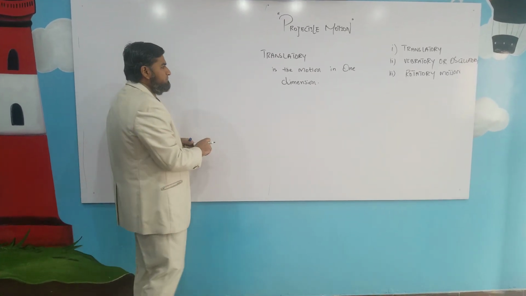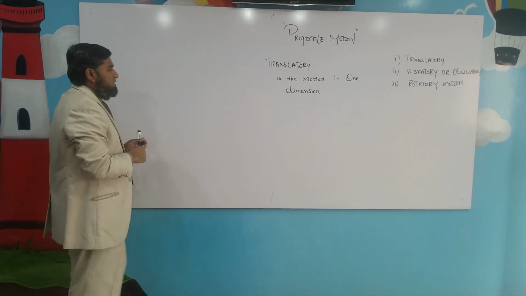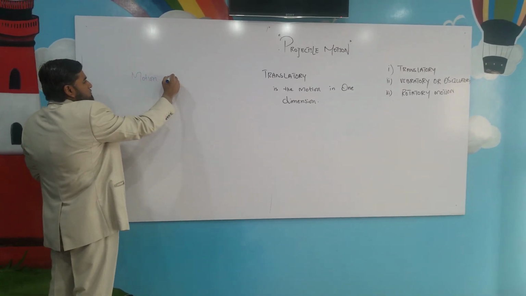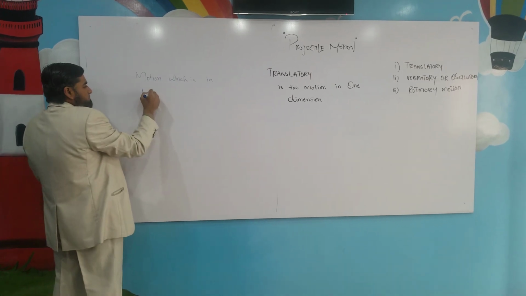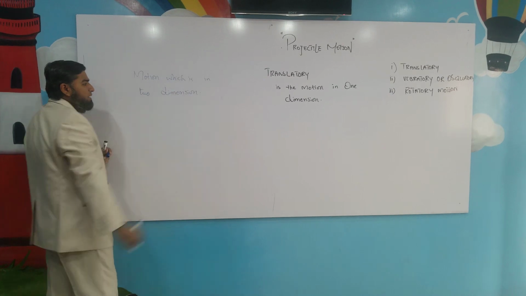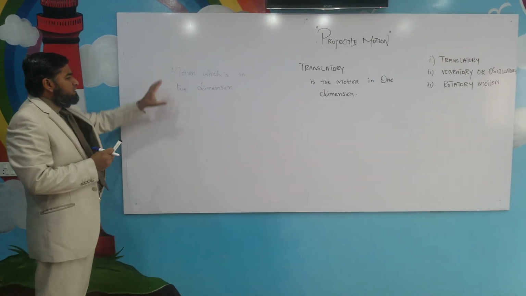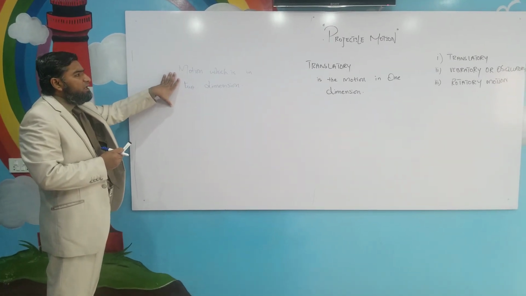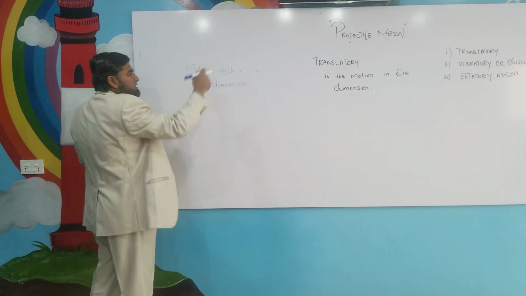Now, in the case of projectile motion, the motion is in two dimensions. If I am going to describe motion in two dimensions, then this form of motion is known as projectile motion. Now, what is projectile motion?